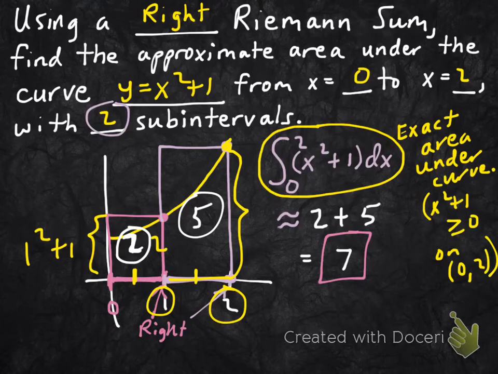We had goal number 1, which was to find the approximate area, and then goal number 2 was what in the world were we finding, and that's this guy right here, the exact area under the curve. We're approximating the exact area under the curve. But goal number 3 I forgot to talk about, and that's, was it an overestimate or an underestimate? In other words, does the number 7 here represent a value for this integral that is too high, or is that approximation too low?